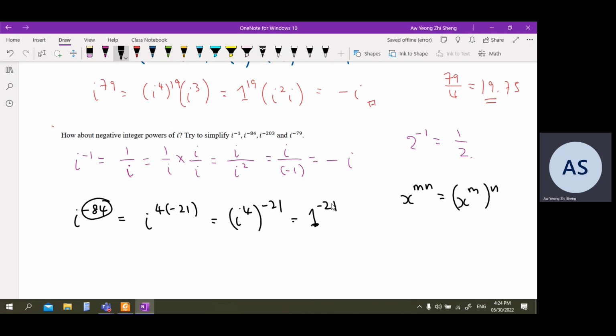And 1 to the power of anything, including negative power, 1 to the power of negative 21, well, it's just 1 over 1 power 21, which you know is just 1. 1 to the power of anything, even if that power is a negative integer, it is still 1.